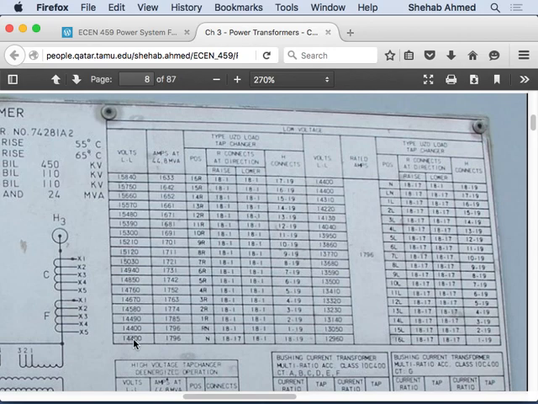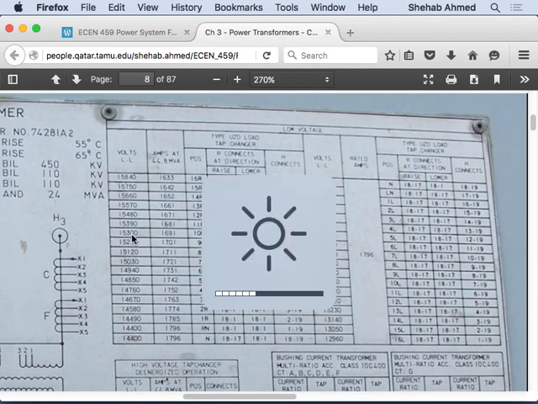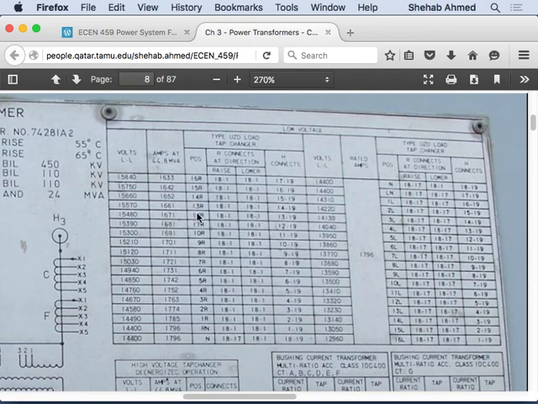So let's see. Where did they give the tap position? I cannot see it very clearly. Position 15R. So yeah, these are the tap positions. R connects, blah, blah, blah. So this is sort of the tap changer. H connects, so this whole box here sort of describes the tap changer.